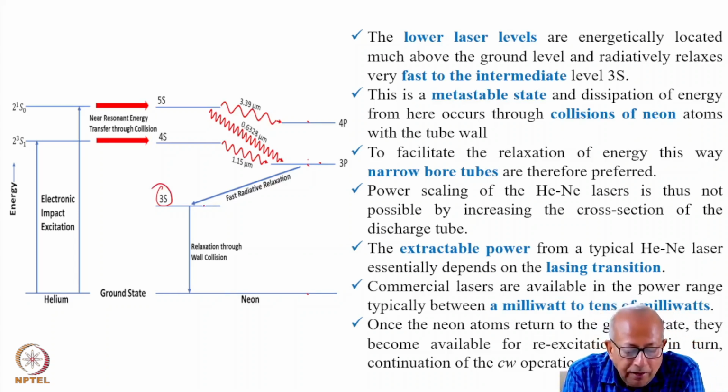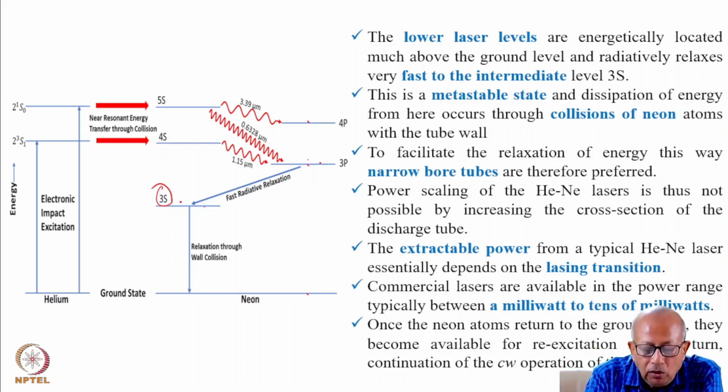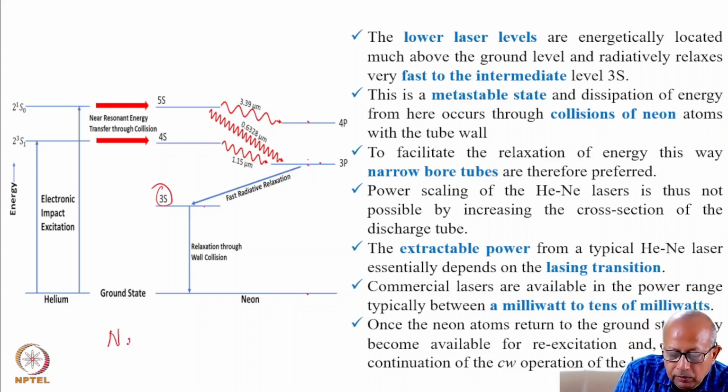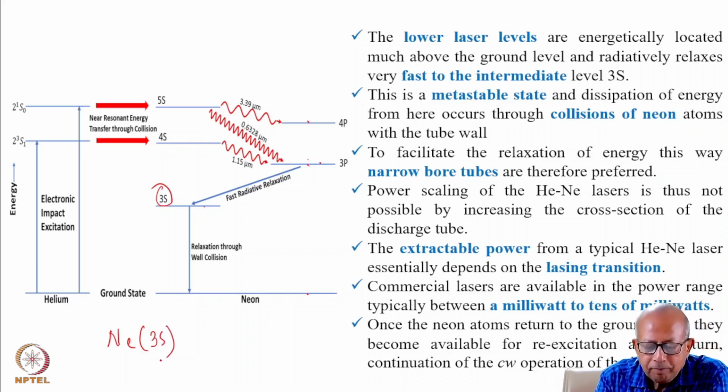And the energy from this state can relax by collision of the neon atoms in this state with the wall of the tube. So as the lasing process continues, the energy comes down to the lower laser level, and from here, they relax very fast to this level.